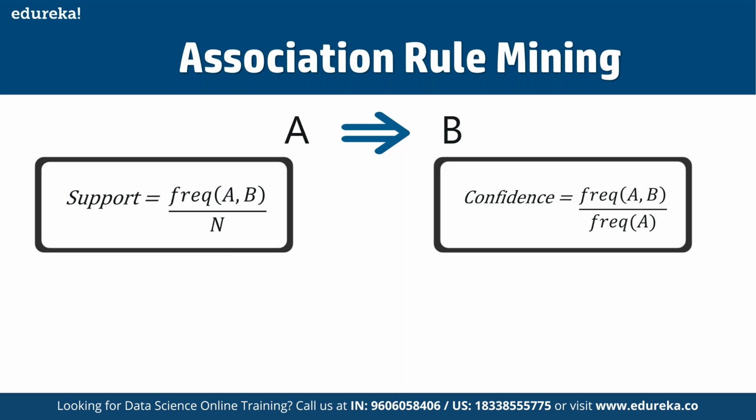Then we have confidence. It tells us how often the items A and B occur together, given the number of times A occurs. When we work with the Apriori algorithm, we define different terms accordingly, but how exactly do we decide the value? That's the main question.